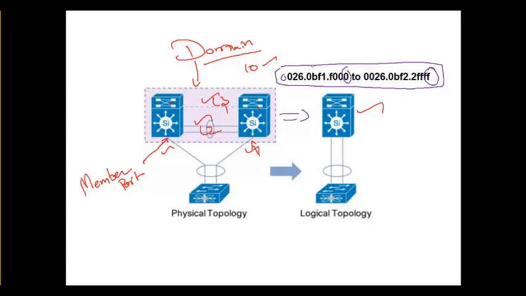See, in Nexus everything is feature based. You have to enable the feature before you configure. But each port has a MAC address instead of each switch, right? If it is a layer 3 port, only then that MAC address will be taken into consideration. Layer 2 port MAC address will not be considered.